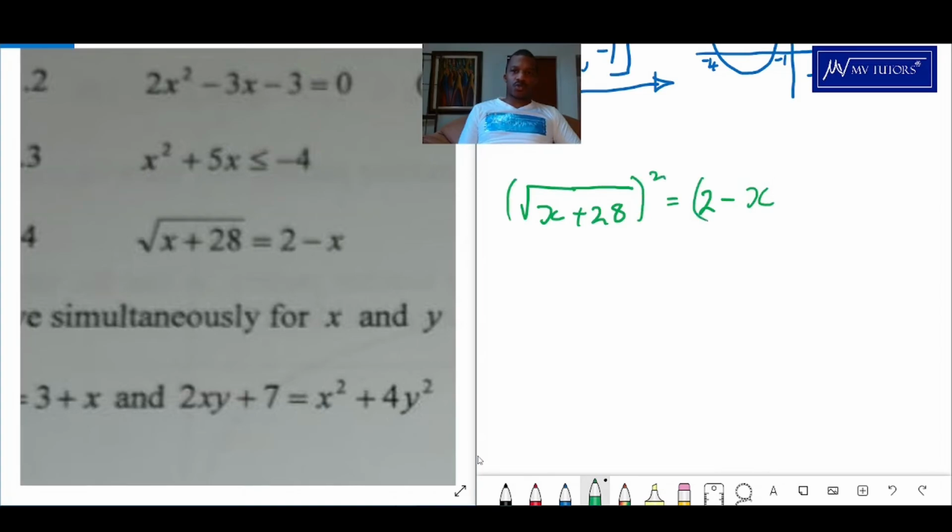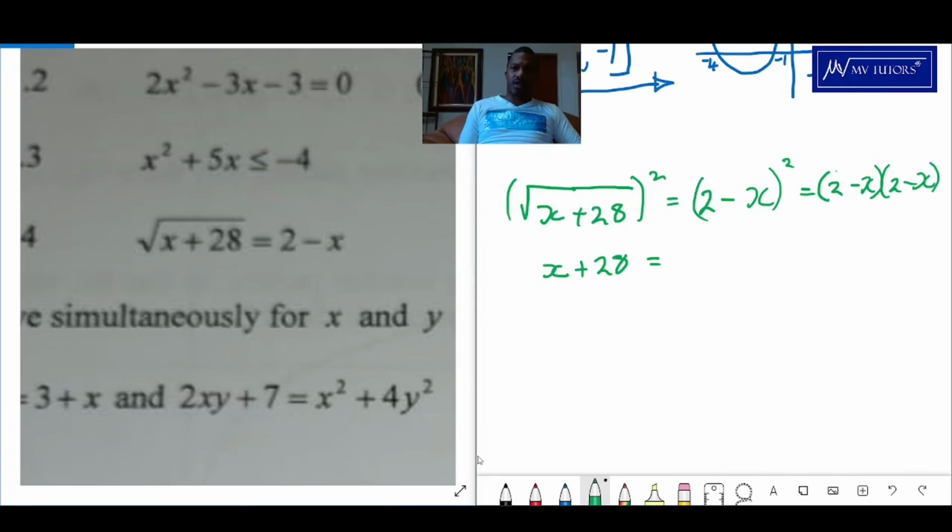What we do on one side, we do to the other, and then we'll have x plus 28 here is equal to, I like to actually put 2 of these. So let me just put them together: 2 minus x and 2 minus x.